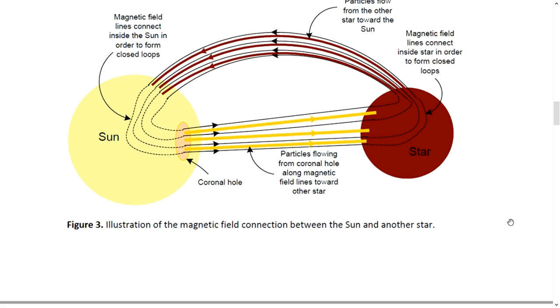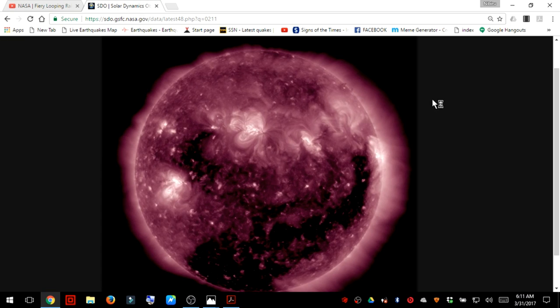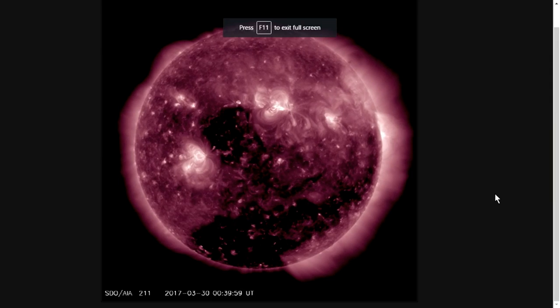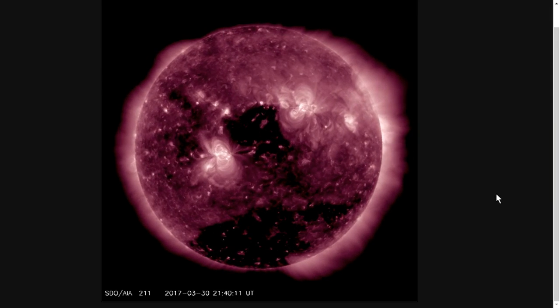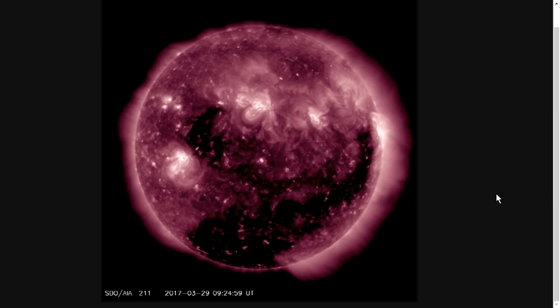Now, listen, ladies and gentlemen, we have seen this over and over again. I have the current SDO footage up on my screen right now. This is the 48-hour loop provided by the SDO. Again, something very weird happening with the sun.